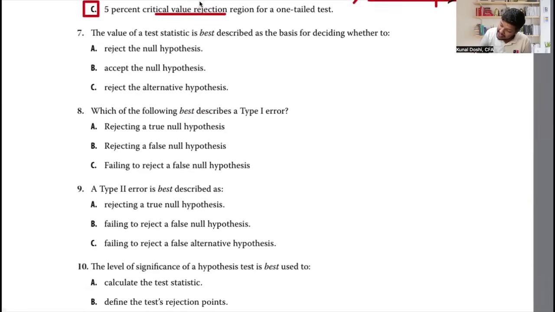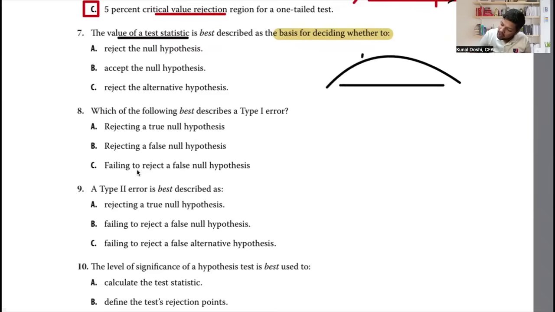The value of test statistic is best described as the basis of deciding whether to reject the null so that the alternate is accepted. How can I say reject the null? I compare the critical value, but the critical value cannot tell me whether the test is rejected or failed to reject.